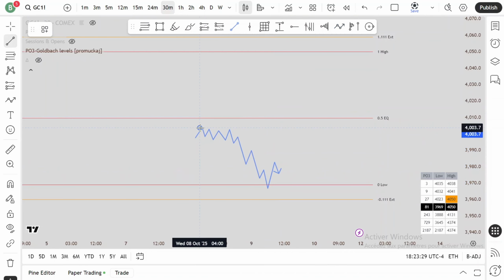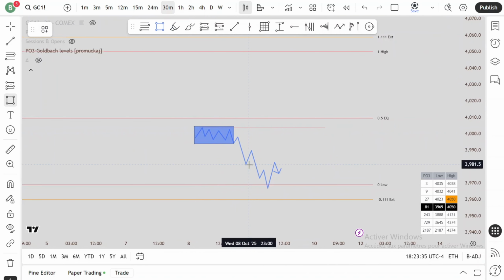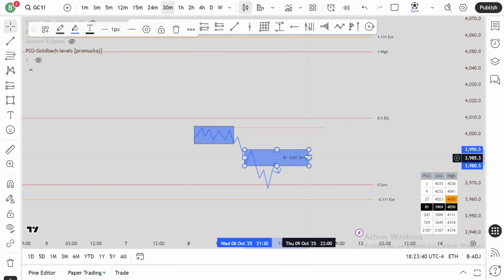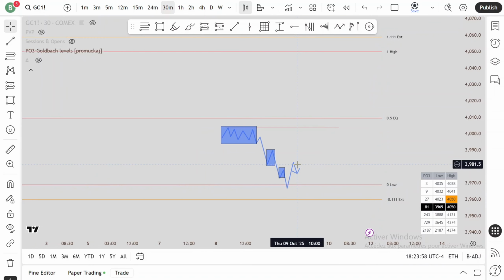We have the inducement here, which is the original consolidation. We have accumulation here, which will become a mitigation block in the future. And this is our breaker block. Smart money reversal, and that breaker block is inducement, the low of this breaker block. It's liquidity. We are sweeping into the POI, which is the low itself.